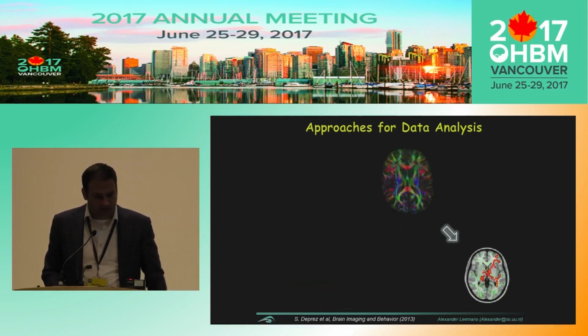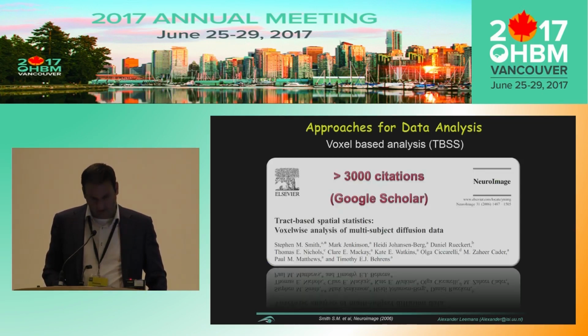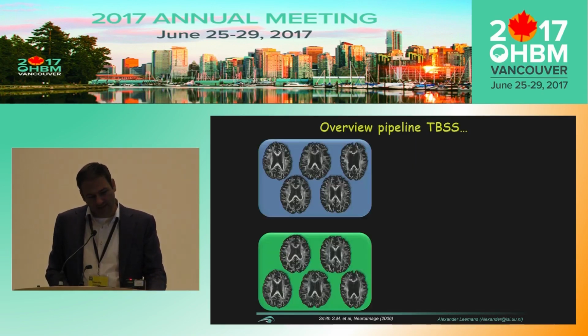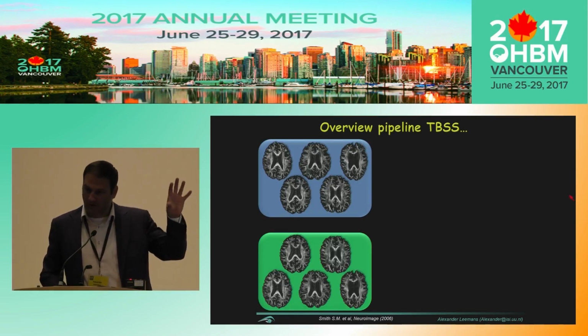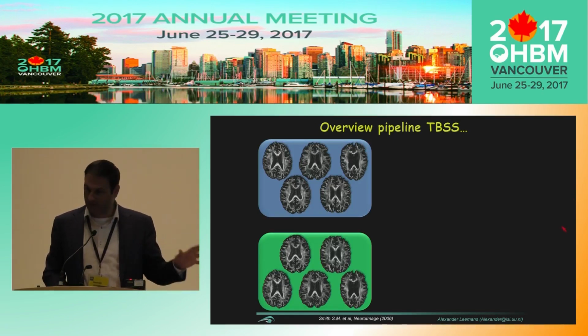And finally, I would like to say something about TBSS. Okay, so it's a voxel-wise analysis. It's by far one of the most popular approaches to look at this voxel-wise analysis. It works a bit like this. So you've got, let's say, your FA maps of your healthy controls. You've got your FA maps of your pathology or another group you want to compare.